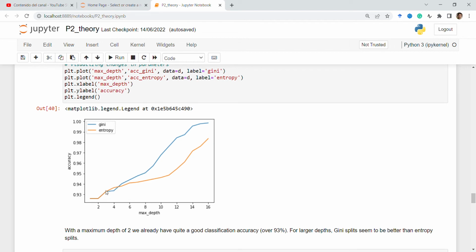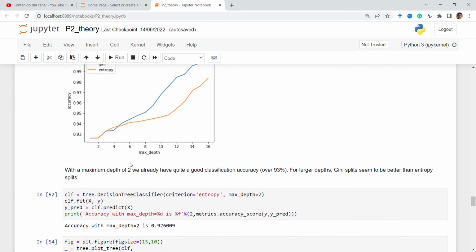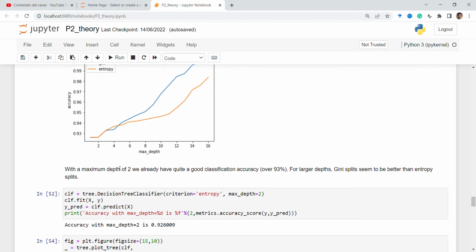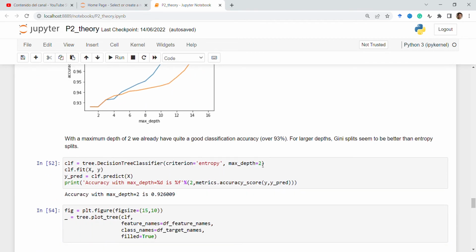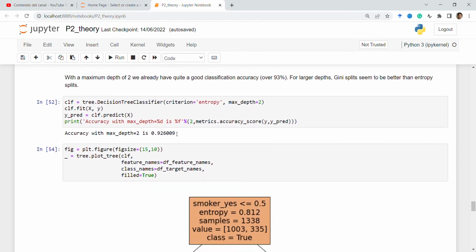So they make a mistake in only 5-6% of the data. So that is the complement of this. Okay, so let's look at classification with a maximum depth of 2, and the accuracy is pretty high. It is not 99%, but probably this 99 is an overfitting.